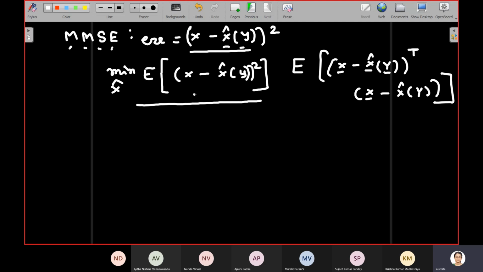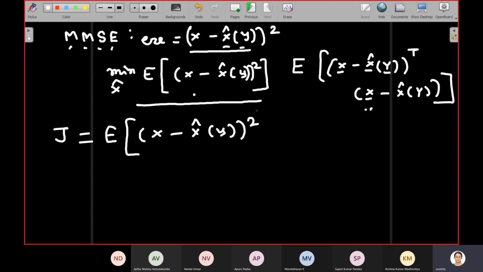So this is for a scalar and this is for a vector. Whatever we are going to derive, we'll use square, but the same derivation also holds for this one. So our cost function J is the mean square error. This is what we want to minimize.